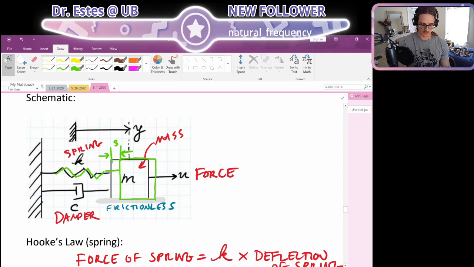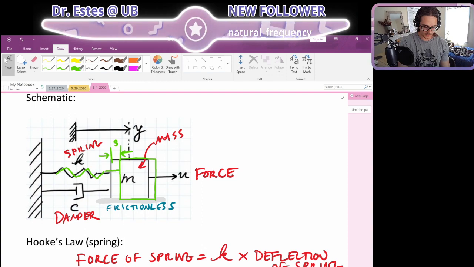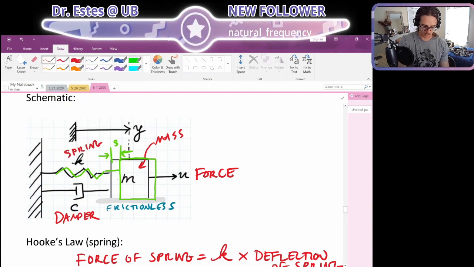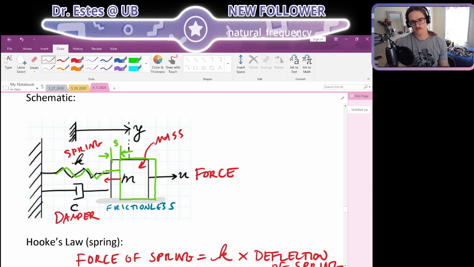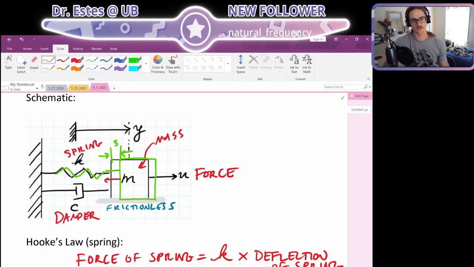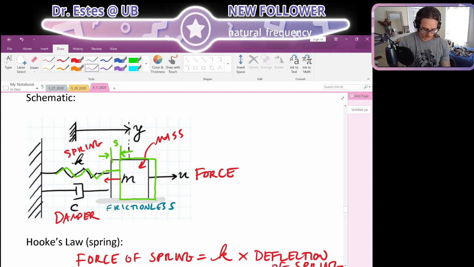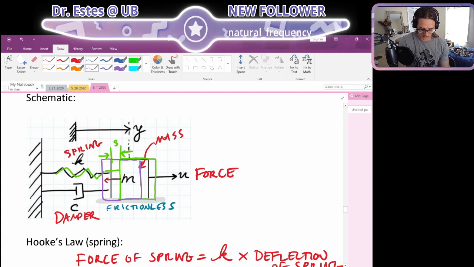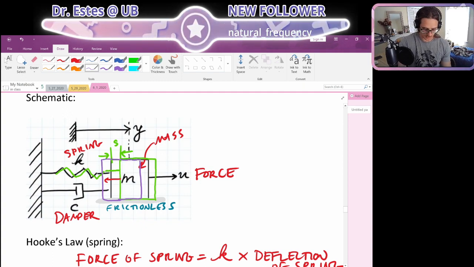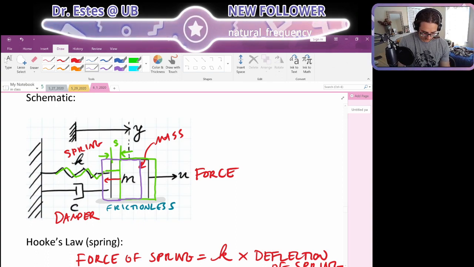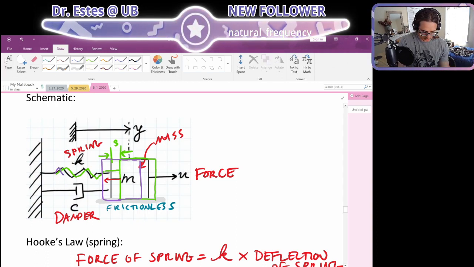But if I move it a distance S, the spring is going to want to pull the block back this way, right? And the magnitude of that force would be K times S. So simple enough. And if I alternatively push the block this way, I know this drawing is going to get a little busy now. Let's say I squish the spring a little bit.